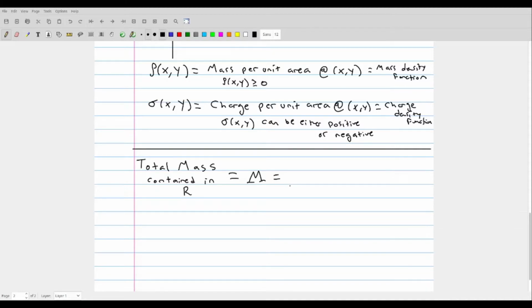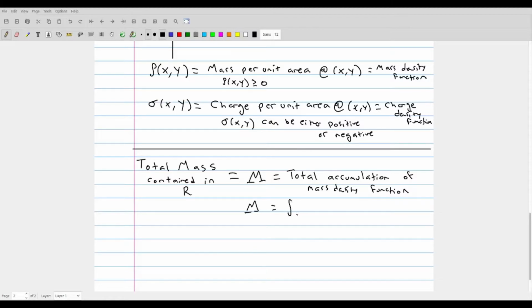This is exactly the total accumulation of the mass density function, which we directly know how to compute.